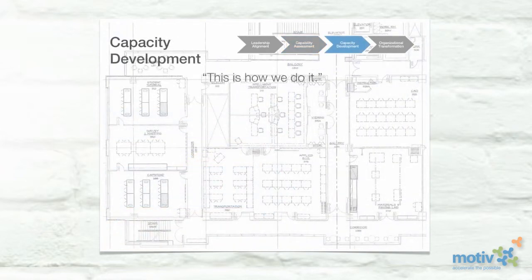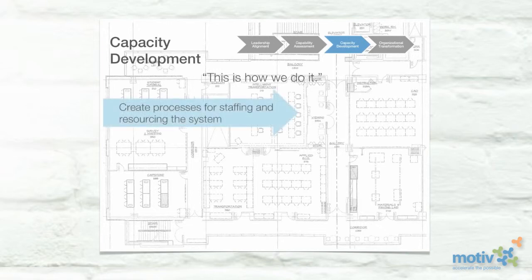The next thing you want to do is start driving the development of capacity for how to do this. The question here is, this is how we do it, this is how our organization is structured to deliver on this.